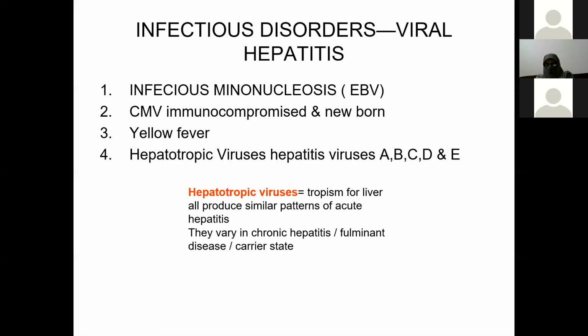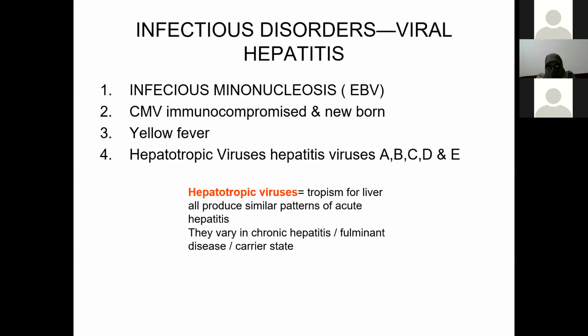But there are a few infections that affect other parts of the body along with the liver, like yellow fever, like cytomegalovirus infection, like infections of organs like the gastrointestinal tract, head and neck, throat.